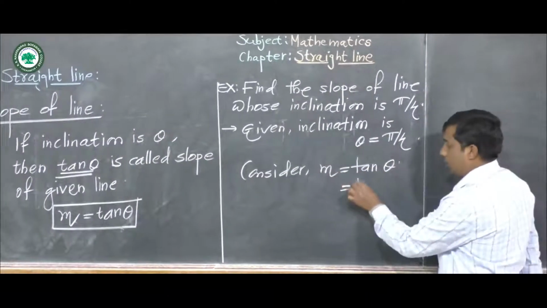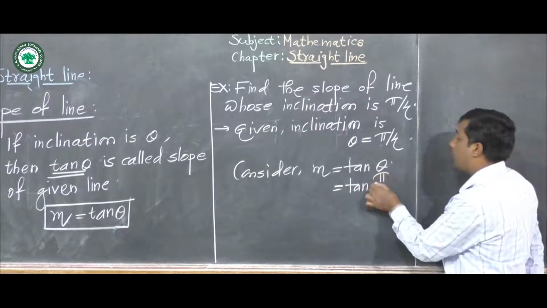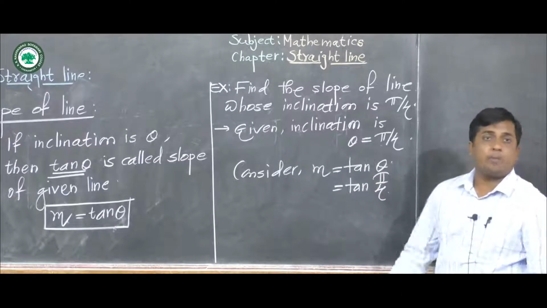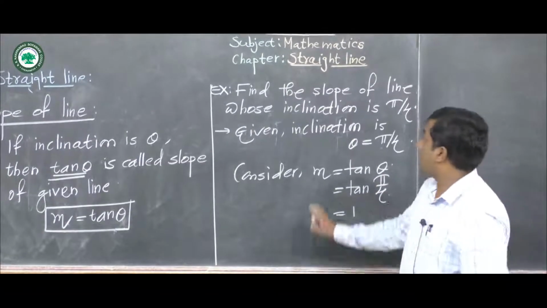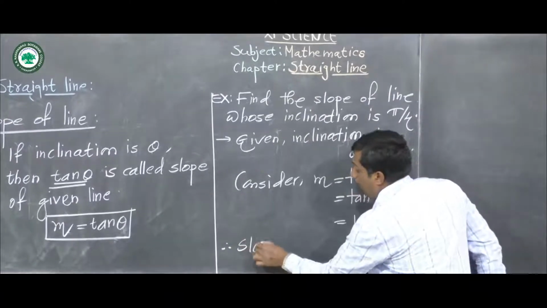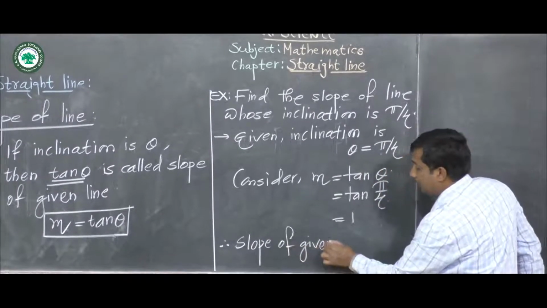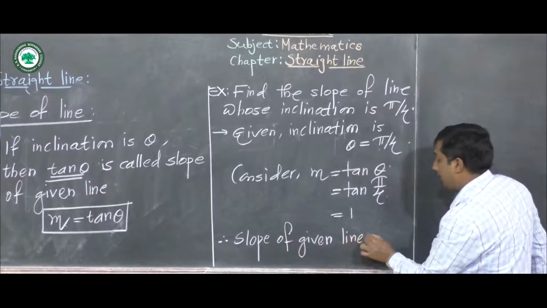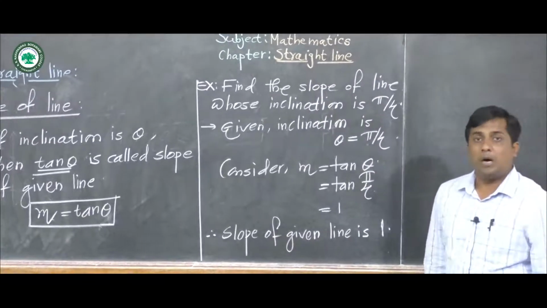This is equal to tan of pi by 4, and we know tan pi by 4 is always 1. So the slope of the given line is 1.